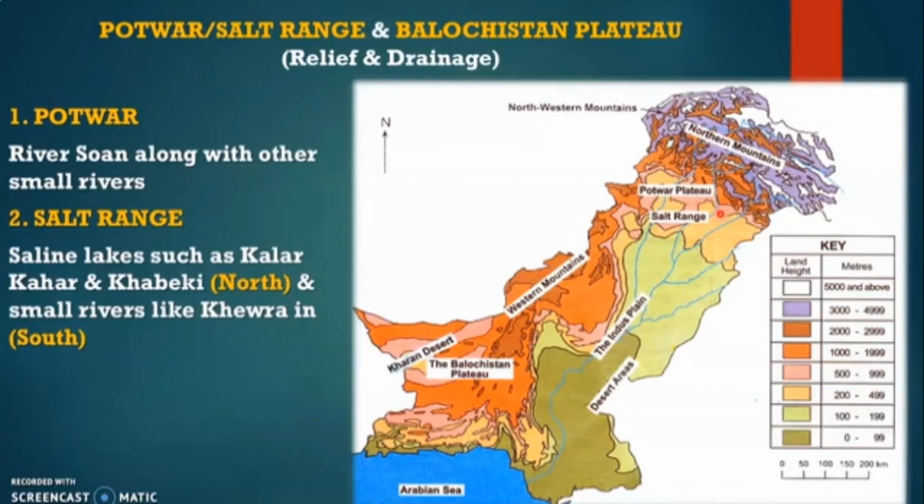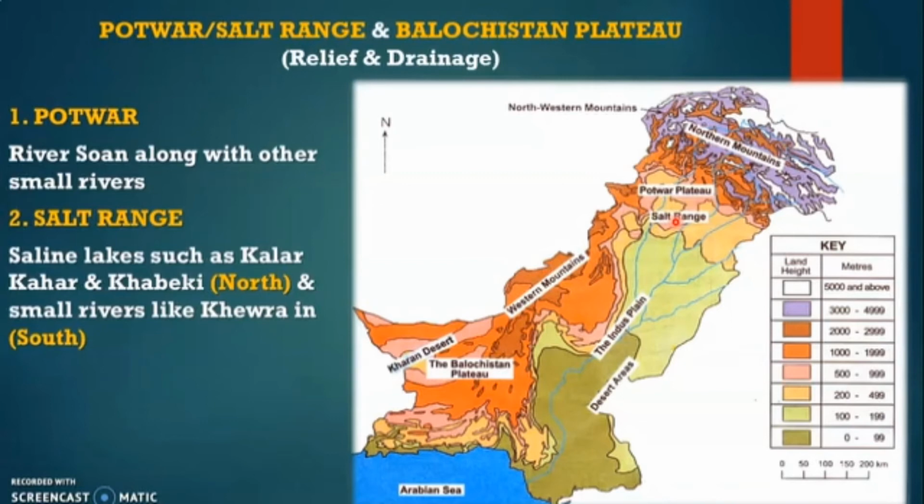So Kalar Kahar is one point, we cross from that point as well. And Khabeki lake as well, which is in the northern side of it. And there are certain other small rivers like the Kyura river in the south portion of the Salt Range. So the Khabeki and Kalar Kahar are in the northern part of Salt Range, and the Kyura river or the other small rivers are basically in the southern portion of the Salt Range.